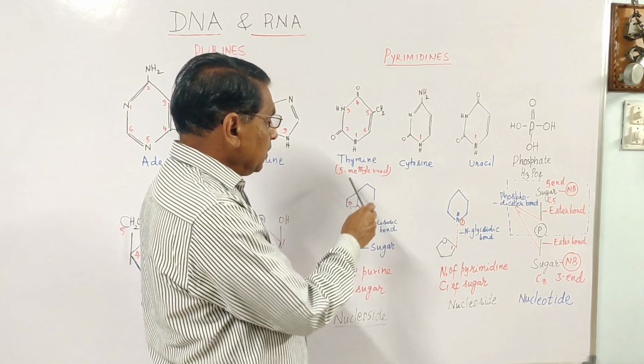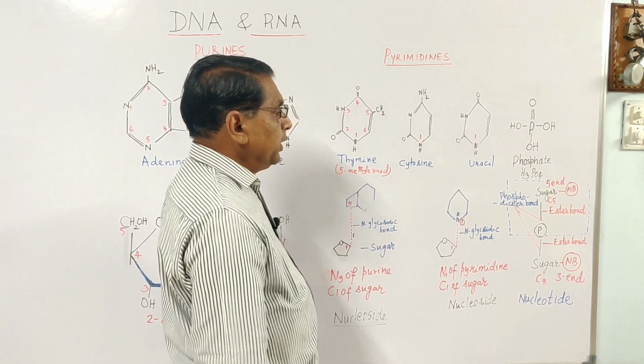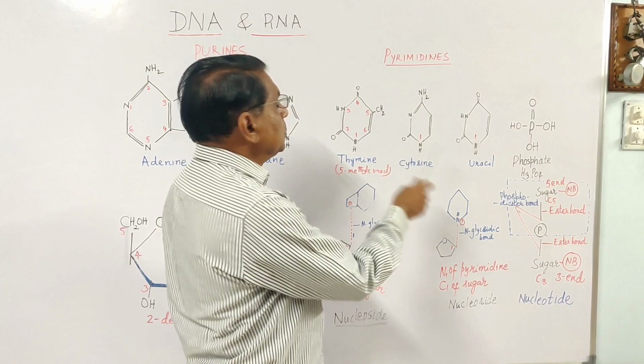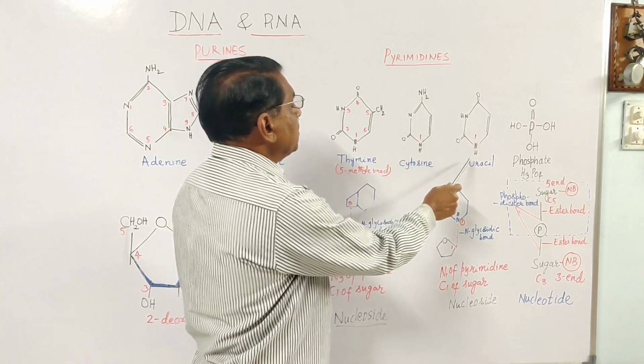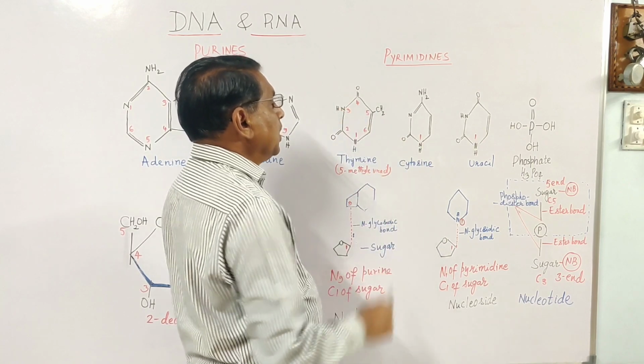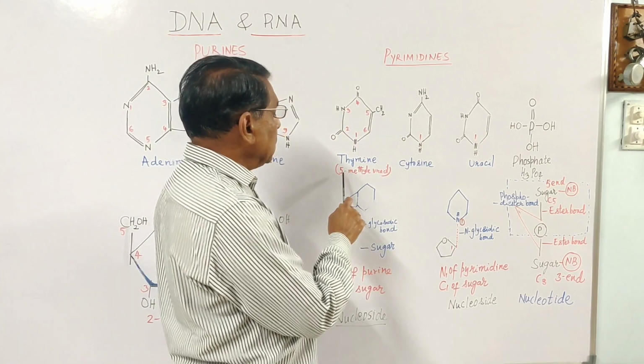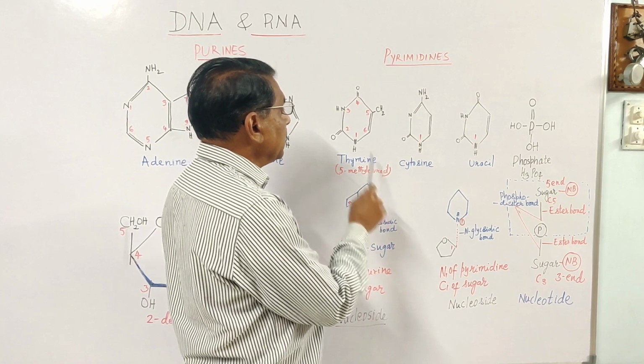Now, if you see carefully, thymine and uracil. Thymine differs from uracil in having a methyl group at the fifth position. Therefore, it is known as 5-methyl uracil.